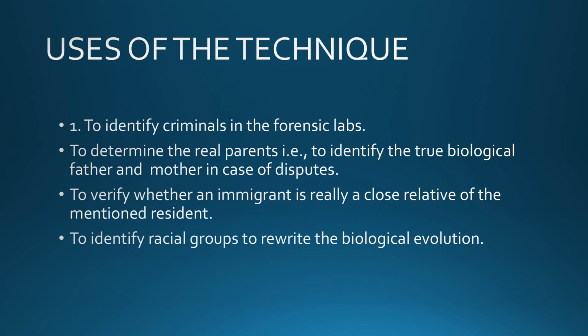It is also used to verify whether an immigrant is really a close relative of the mentioned resident, and to identify racial groups to trace biological evolution. So these are the purposes for which DNA fingerprinting is used.